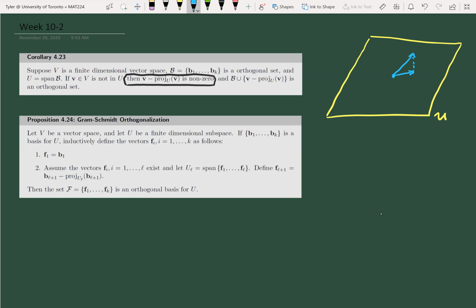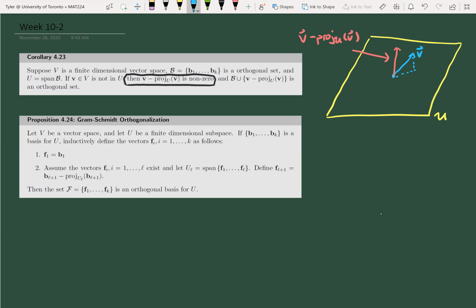So this is its projection. And then I'm going to compute its orthogonal part, that's V minus the projection onto U of V. And the blue vector here was V to begin with. So what it says is you're guaranteed that this red thing is not the 0 vector. It always could be the 0 vector, but you're guaranteed by the corollary that it's not.